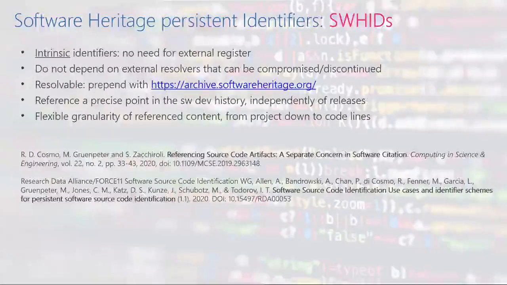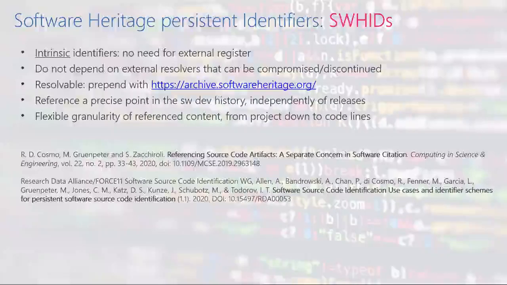Because you know how the hash is computed, you can always get back to the initial code. And that's what they do, actually. They also provide a resolver system, which is archive.softwareheritage.org. You just append the SWHID, and that gets you to the landing page of that repository on Software Heritage. But that could be another one. It's not the only one.